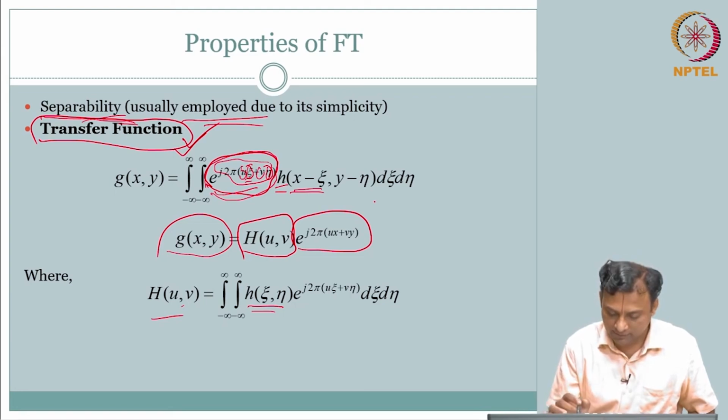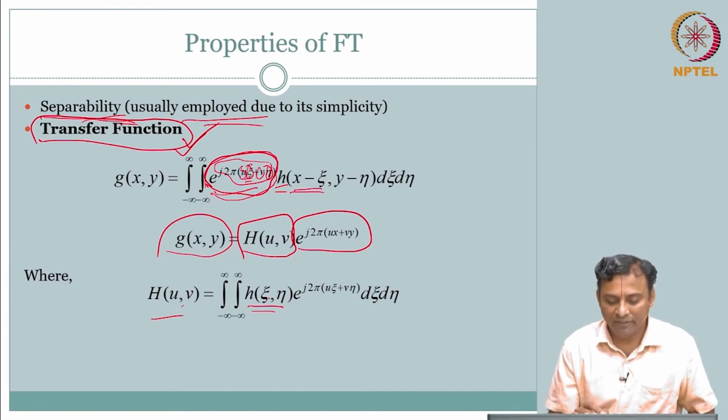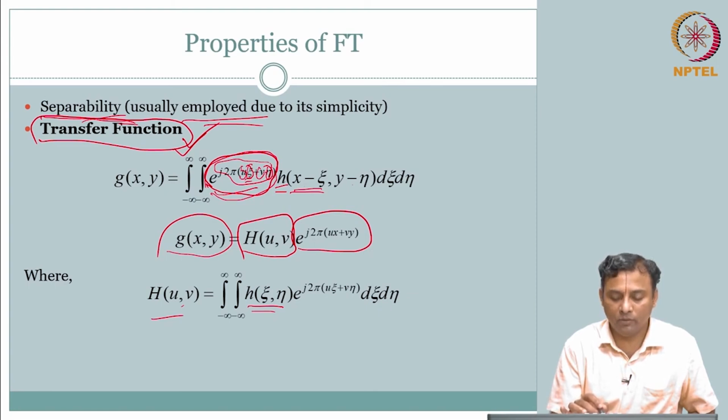If I have this, I can change this to epsilon and eta. I am just going to use the same variables, just dummy variables, right. So, I will change this to epsilon and eta. That is how you get this, and this will happen with x minus epsilon and y minus eta, right.